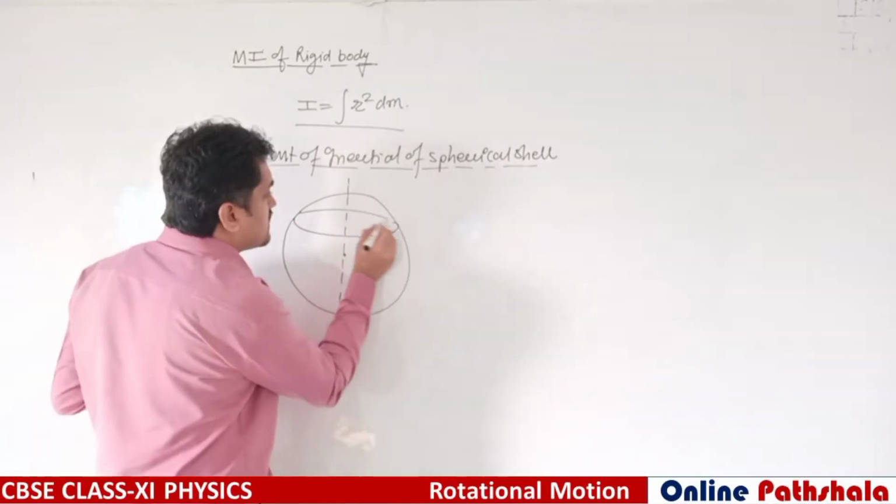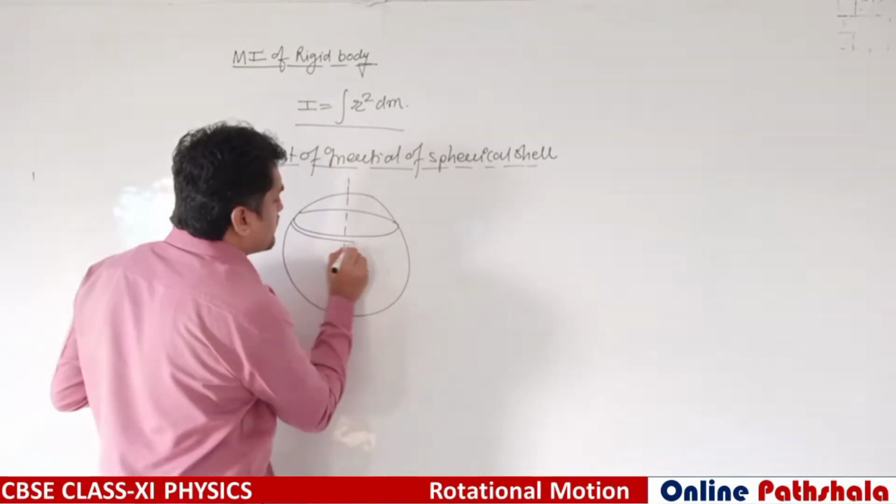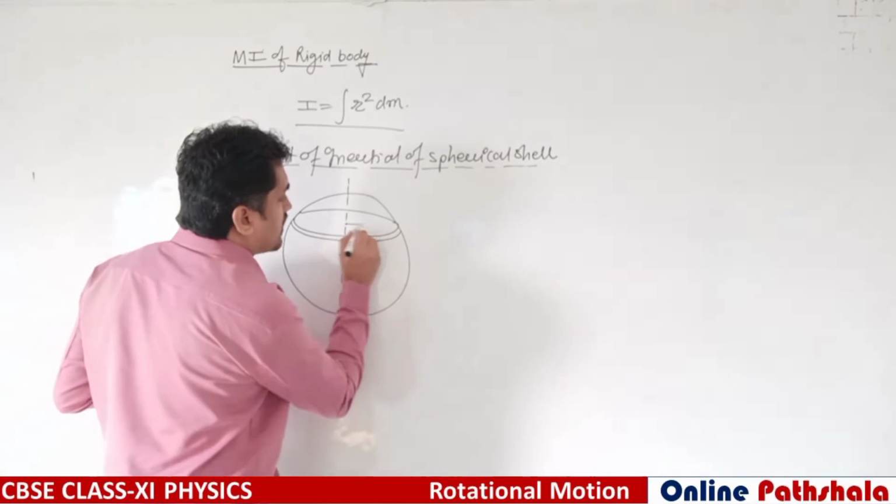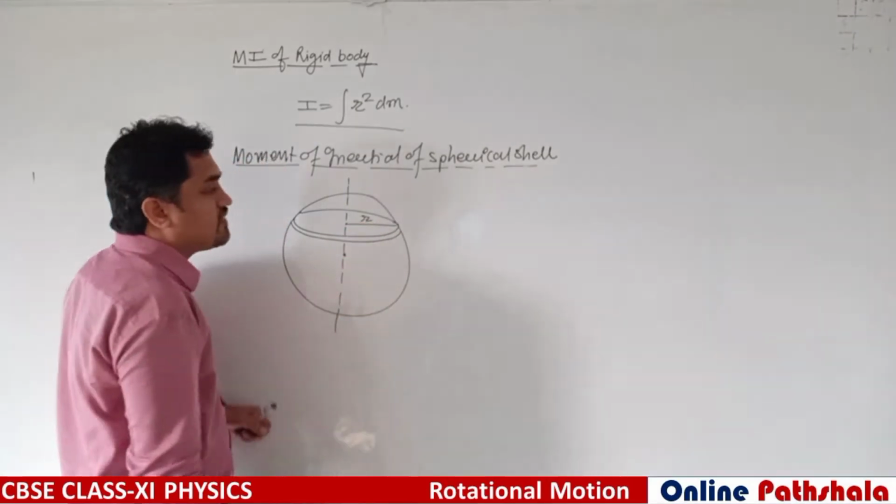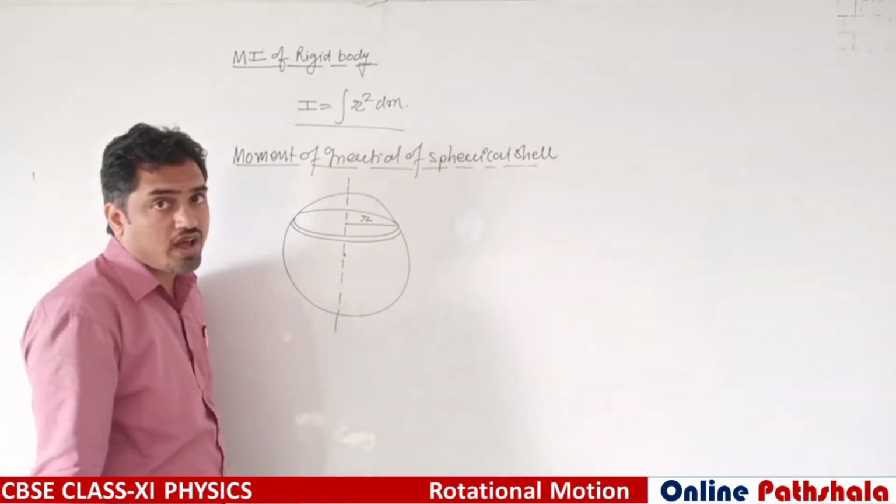So, let us consider a differential ring, and the radius of this differential ring is small r.